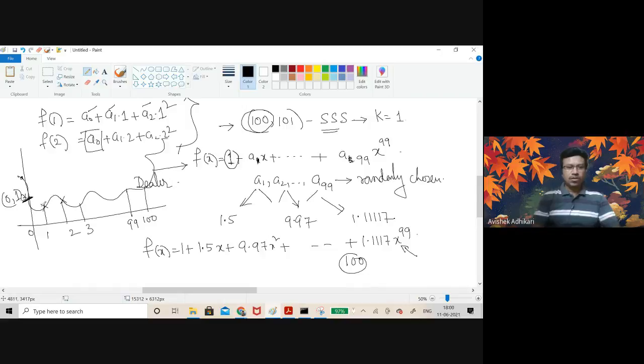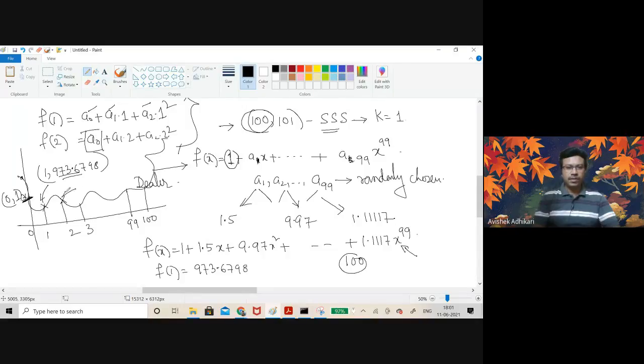Evaluate the polynomial at 1. Whatever you get, f of 1, say you get 973.6789 something. So this coordinate will be 1 comma this value, 973.6798, and this will be given to the first participant.